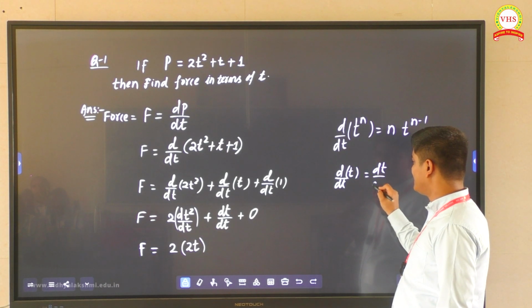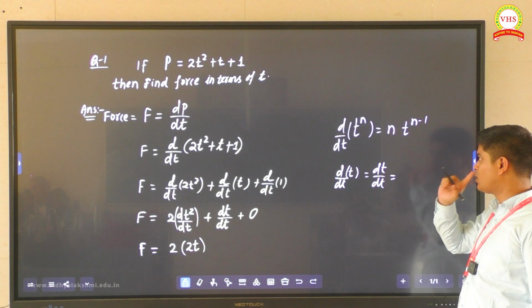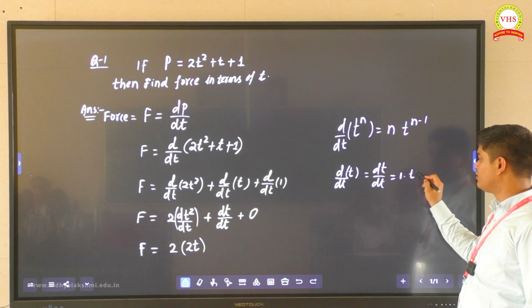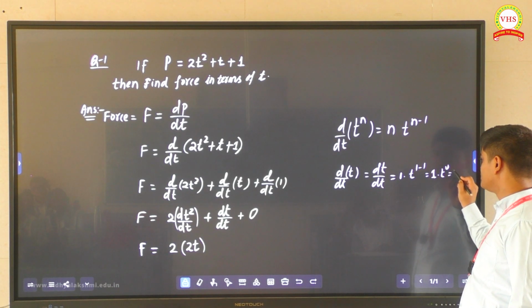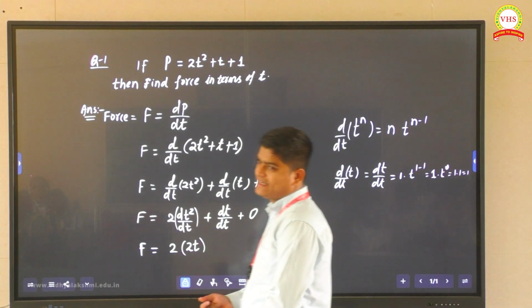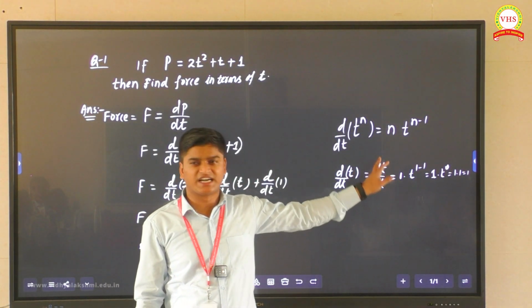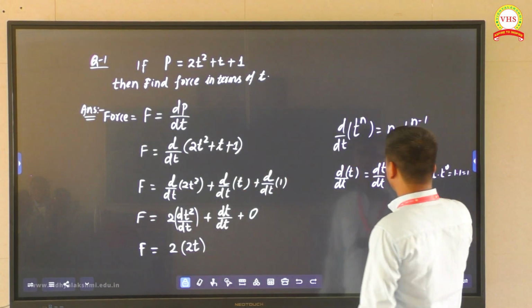It will be dt by dt. T power is 1 here. N value is 1. So 1 into t to the power 1 minus 1, which is 1 into t power 0, which is 1, which is coming 1 basically. So dt by dt is nothing but what? You can understand dt by dt is 1. But how I did this one with this formula.